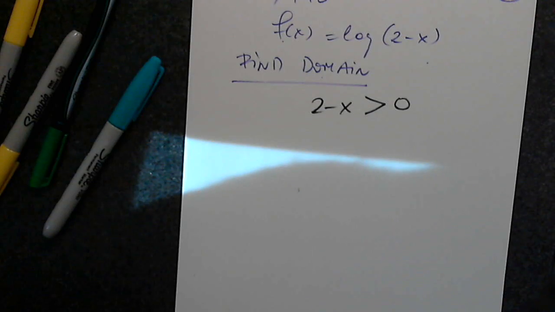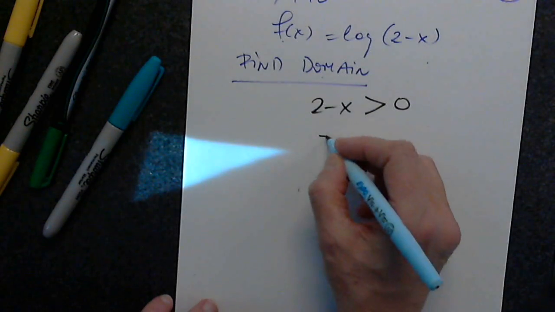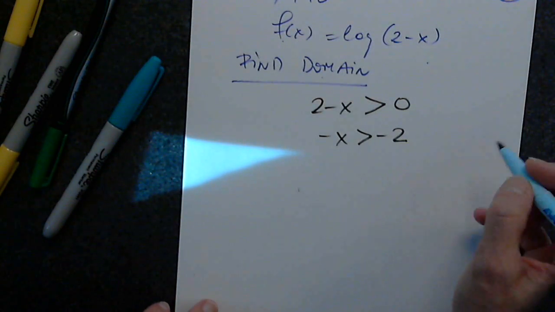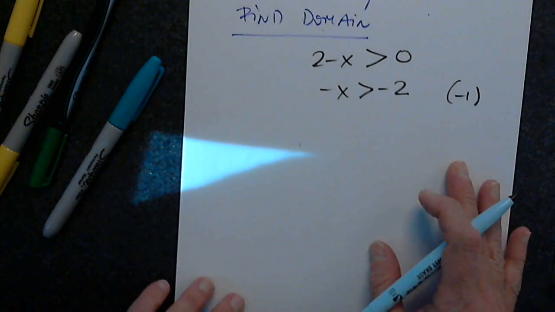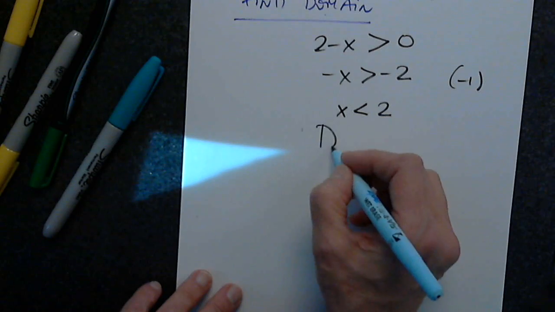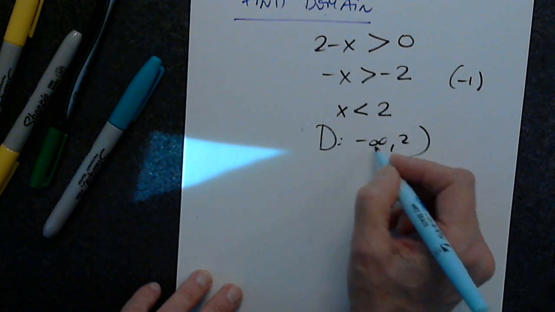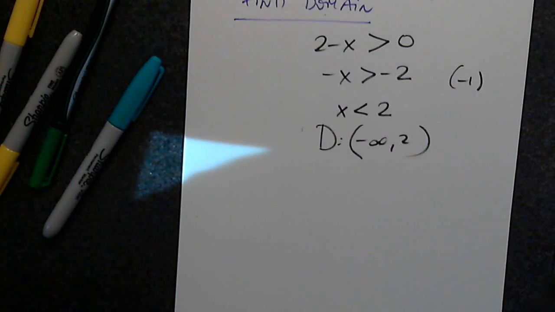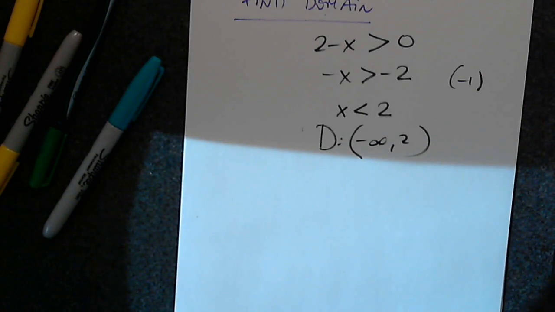Otherwise, the function does not exist. So then negative x greater than negative 2. I divide both sides by negative 1, so I get x less than 2. That's how I find the domain of this function. So remember, it's a function with problems.